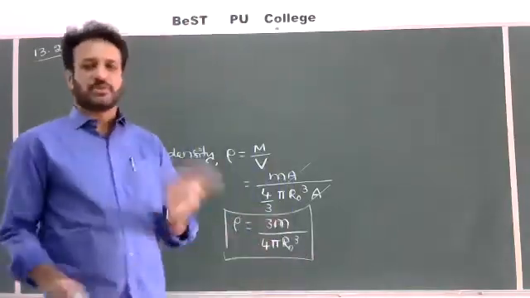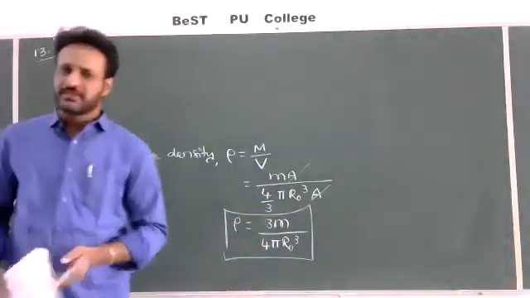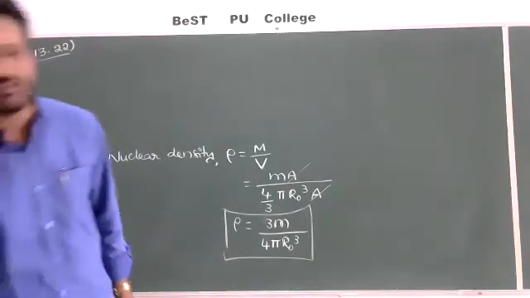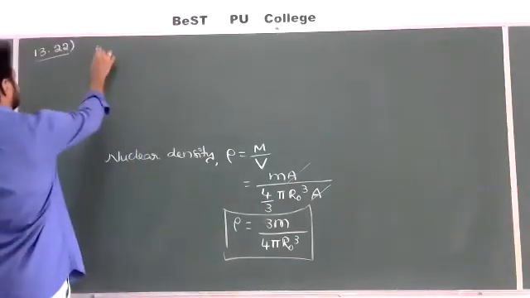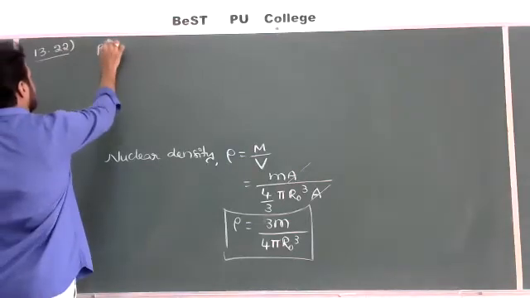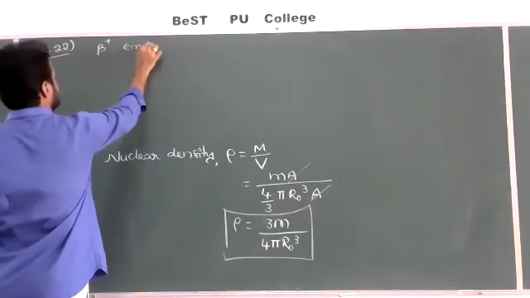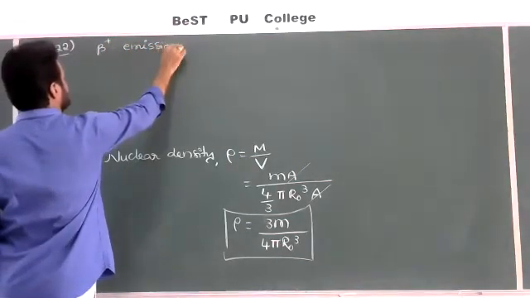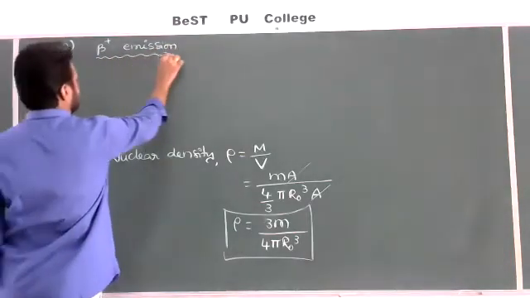So we will take two processes: one is electron capture and one is beta plus emission. I will take the first case, beta plus emission. I'll use the formula E equals mc squared, or 931.5.